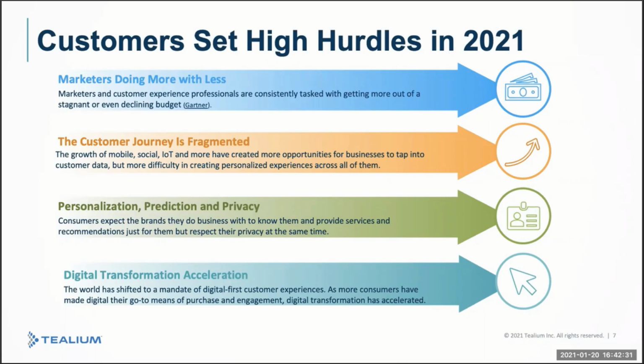The other one, very data-based as well: the customer journey is fragmented. While we have more access as marketers and analytics professionals than ever before, at the same time, there are more channels than ever before that we need to create experiences on. And so making sure that we coordinate the data coming in and the campaigns going out is increasingly difficult.